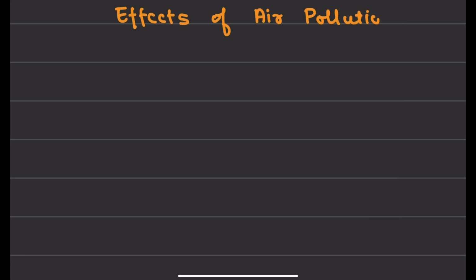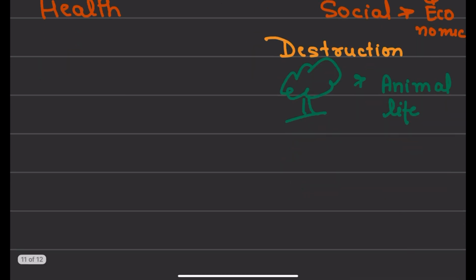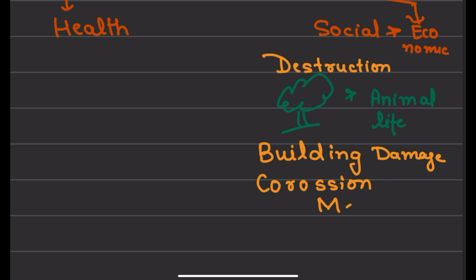Now we'll talk about the effect of air pollution. There can be health impacts as well as social and economic impacts, like destruction of plant life and animal life, building damage, and corrosion of metals.